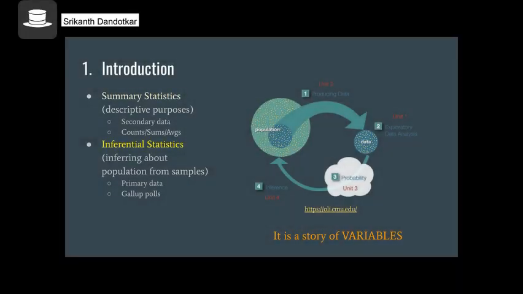Okay, so coming to the difference between descriptive statistics and inferential statistics. Now, let's look at inferential statistics and try to understand what it is. Researchers collect primary data, and they collect data because they have a question.